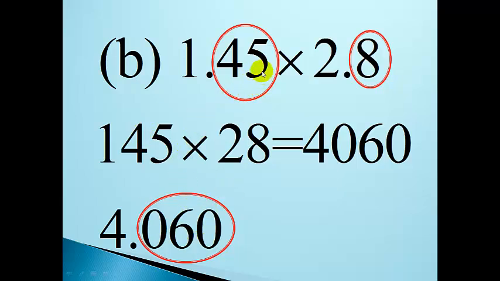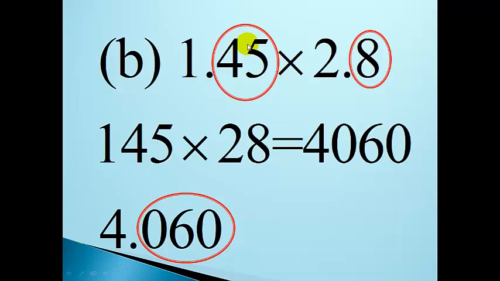Now 1.45 times 2.8. You still assume here that you don't have any decimal point. So 1.45 becomes 145, and 2.8 becomes 28. Now when we multiply 145 by 28, the answer is 4060. With the first decimal fraction, 1.45, we have 2 decimal places, and with the second, 2.8, 1 decimal place.